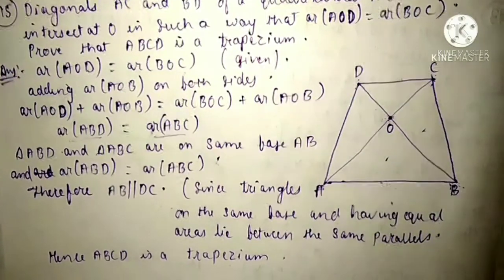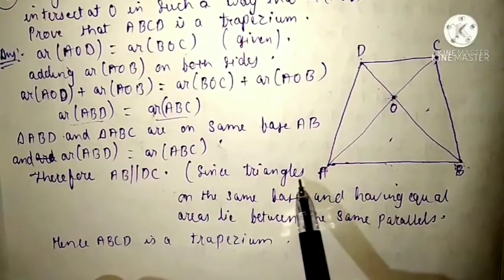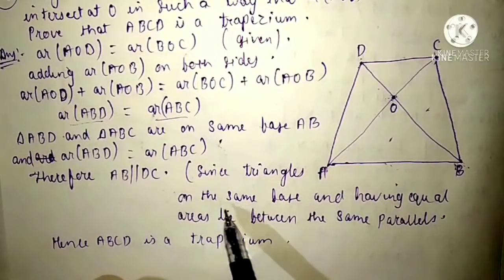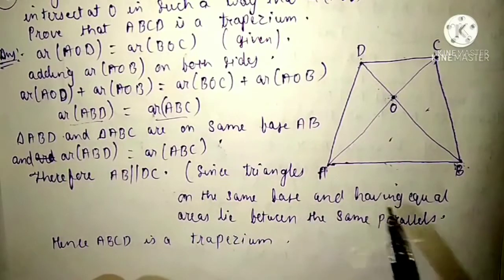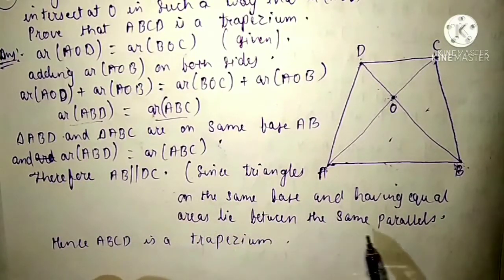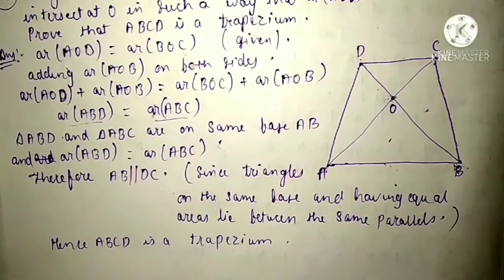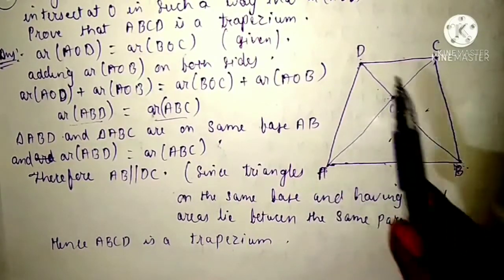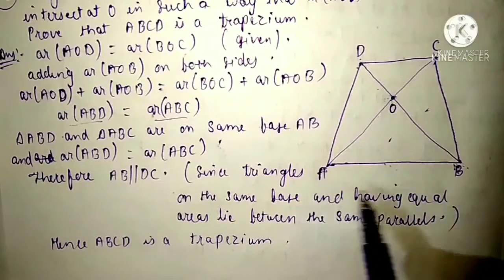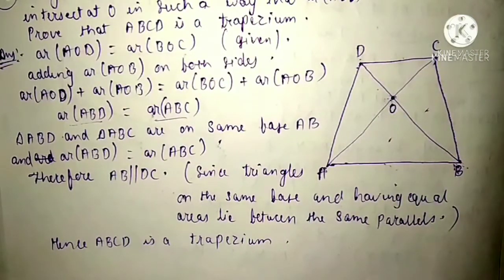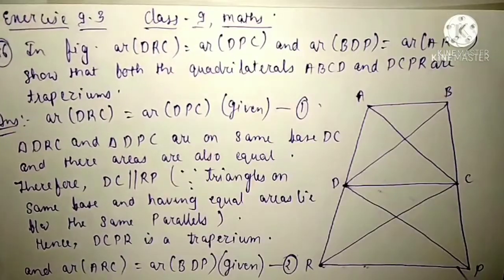The reason for this will be, since triangles on the same base and having equal areas lie between the same parallels. So if AB is parallel to CD, then this is a trapezium. So at last we can write, hence ABCD is a trapezium.